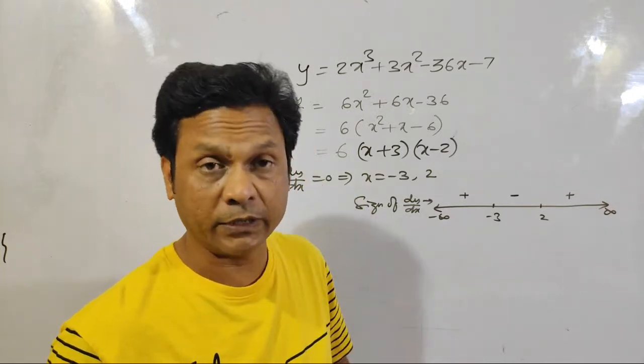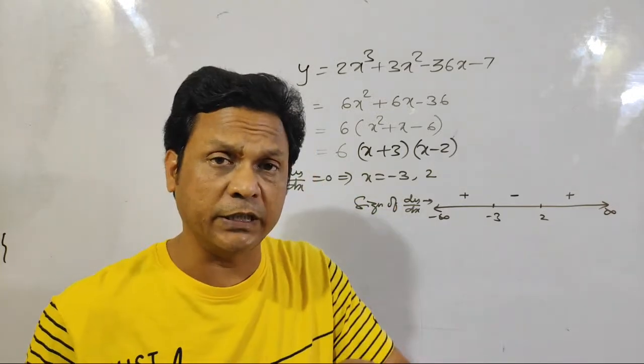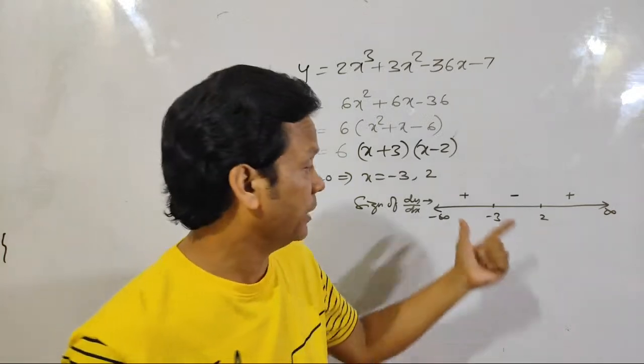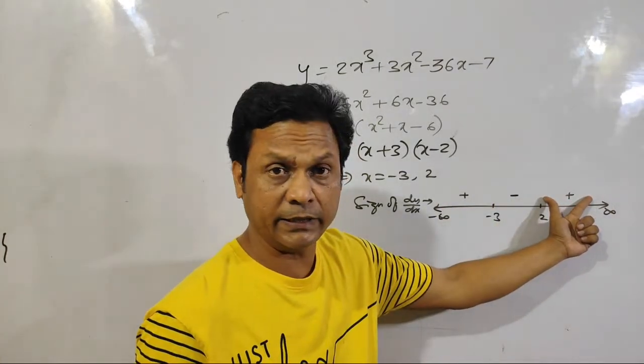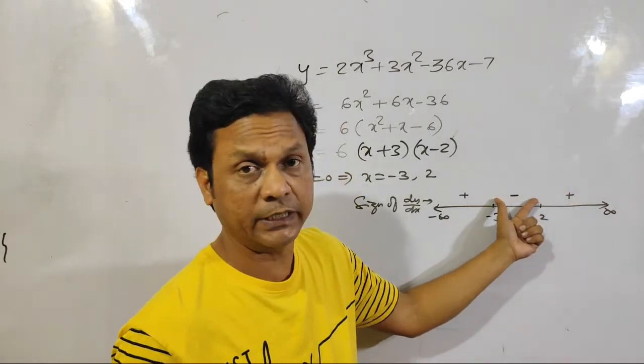According to our condition, if the derivative is positive, then the function is said to be increasing. That means in this interval it is increasing, in this interval also it is increasing, and in this interval it is decreasing.